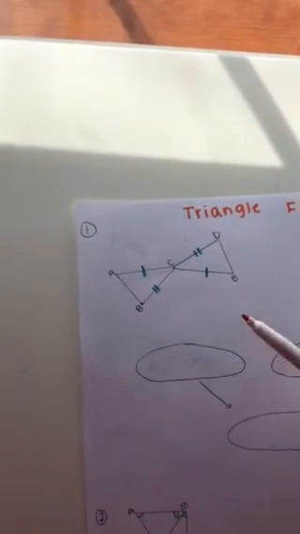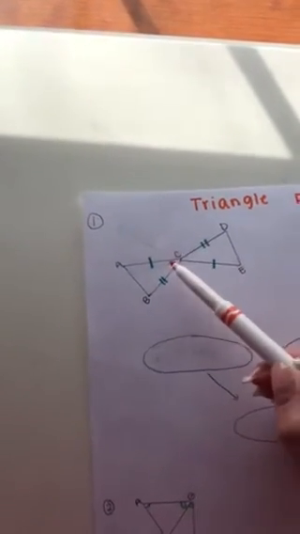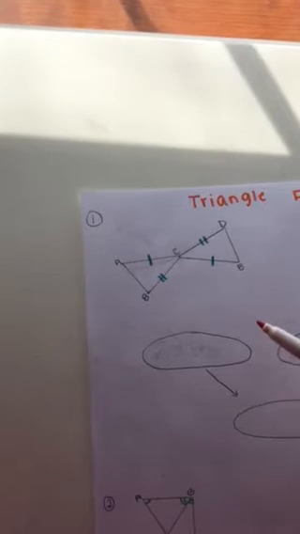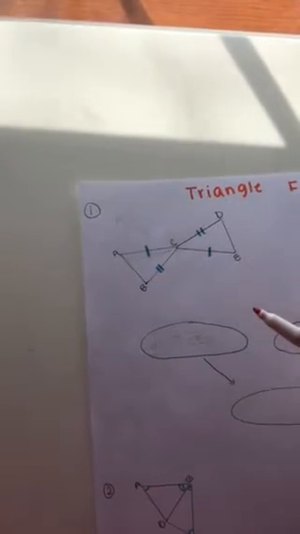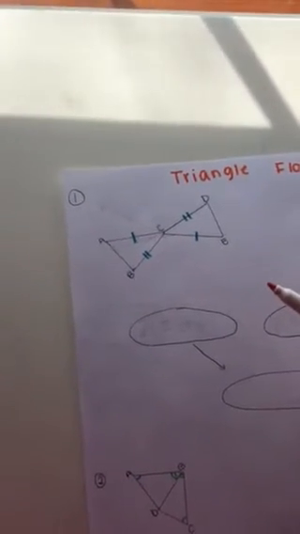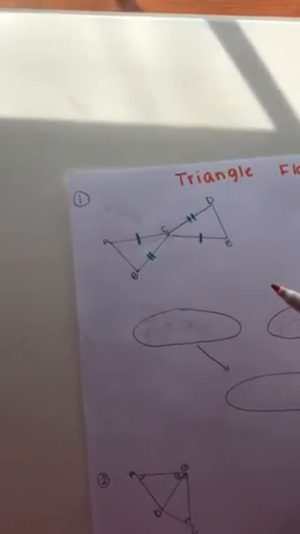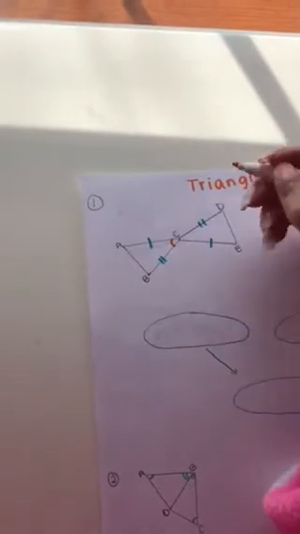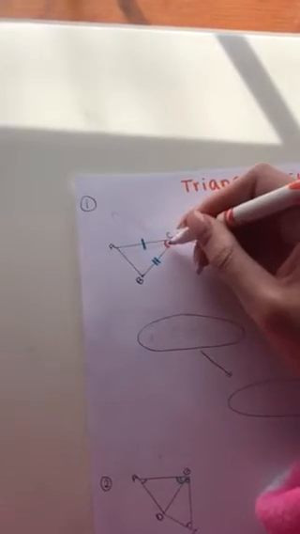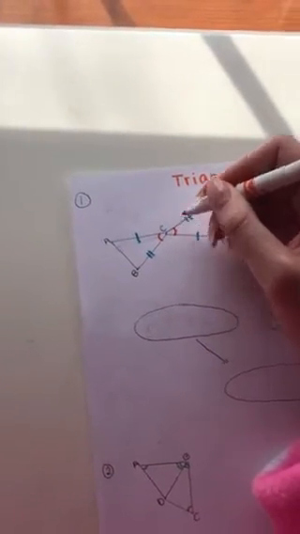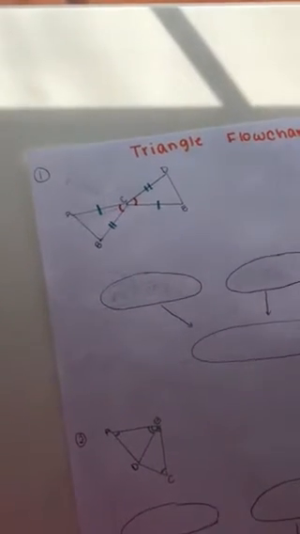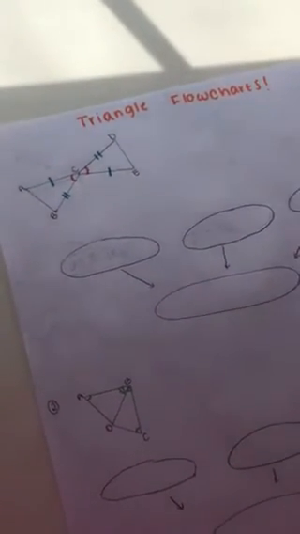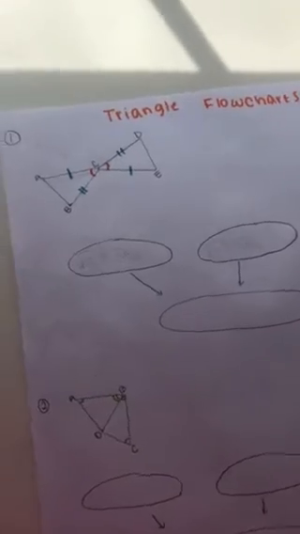And if you notice, these two angles are across from each other, so we call those vertical angles. And we know that vertical angles, we can automatically say that those angles are congruent to one another. So I'm just going to draw in these little marks showing that this angle is congruent to this angle because they are vertical angles. So that's all we need to show that these two triangles are congruent.